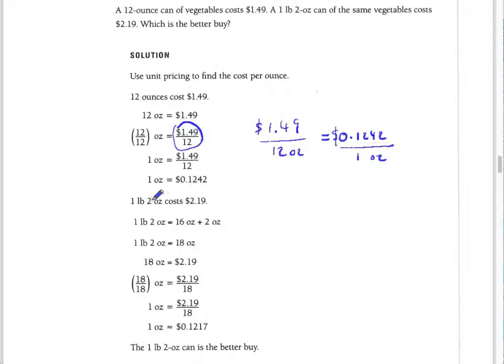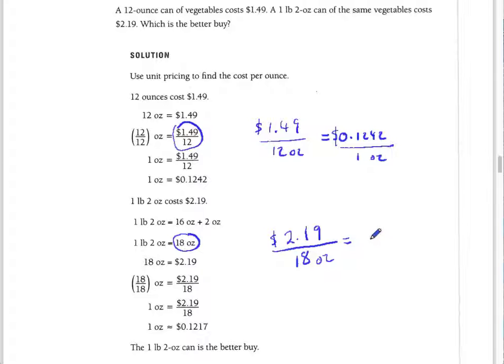Going on to the other one, we know that 1 pound 2 ounces costs $2.19. Converting completely to ounces, we've got 18 ounces. So again, the price is $2.19 per 18 ounces.